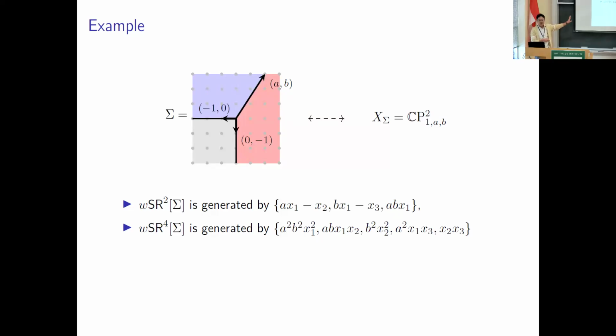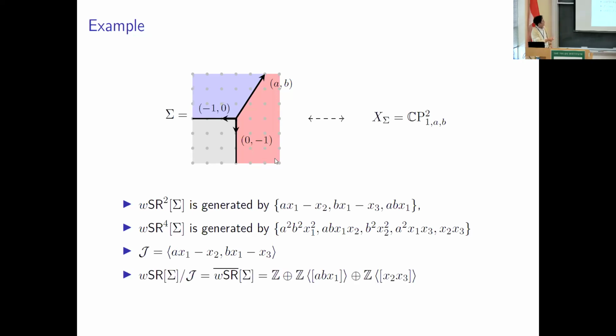These two things are about the equivariant cohomology ring. In order to get the ordinary cohomology, we need to mod out by the ideal J. In this case, the ideal is nothing but A times x1 minus x2 and B times x1 minus x3. If you apply this ideal, then you can reduce the generators this way.